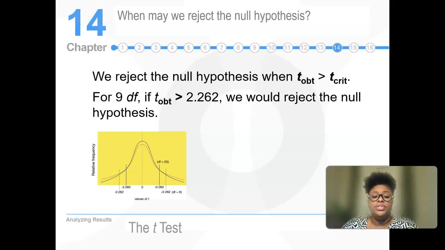So we're going to reject the null hypothesis when our t is greater than 0.05 or 0.01, depending on our alpha level. Typically we use 0.05 in psychological experiments or research. So if I have a t that is greater than 0.05, we are going to reject the null hypothesis.